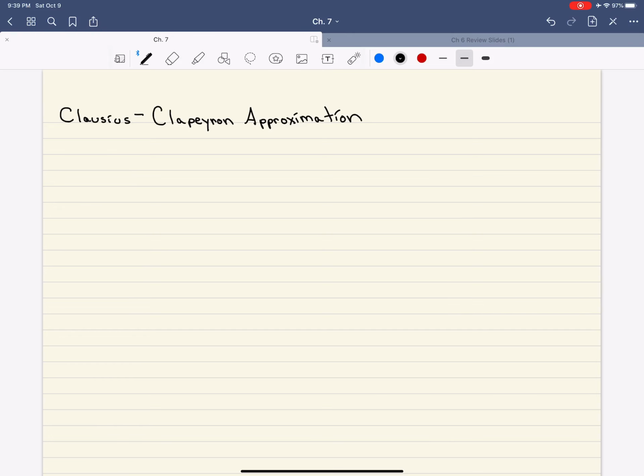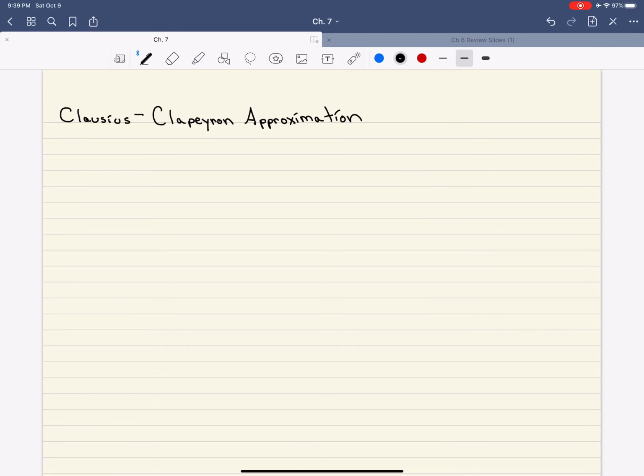And what we're going to do now is make further assumptions in order to simplify the equation down into something we could use to estimate things like the enthalpy of vaporization, or get an idea of how to measure the enthalpy of vaporization for a given chemical based on its pressure and temperature transition values.